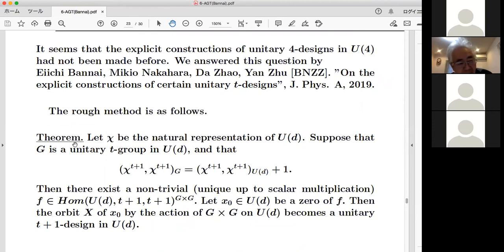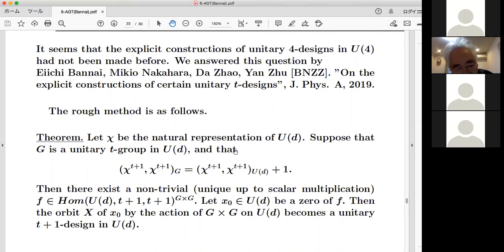We get the following theorem. Namely, let chi be the natural representation of U of D. Suppose that G is a unitary T group in UD.